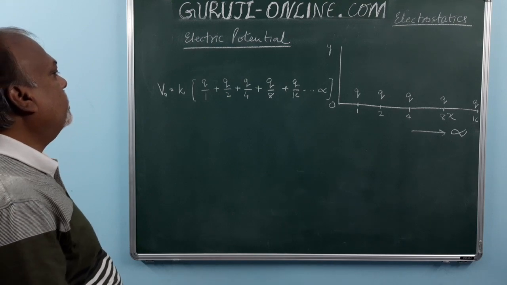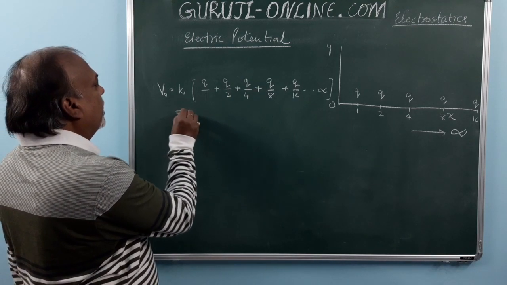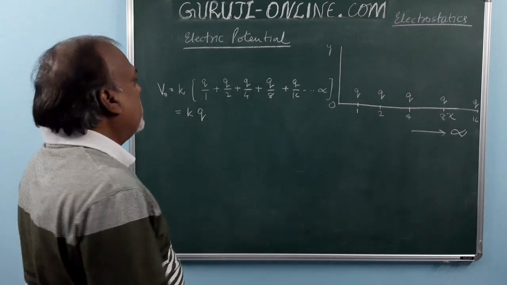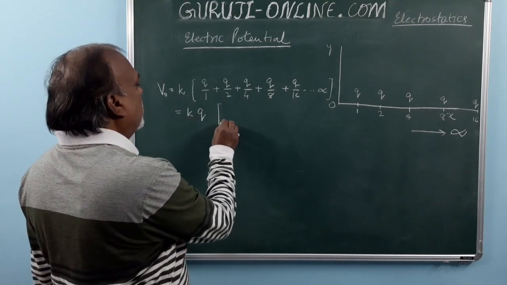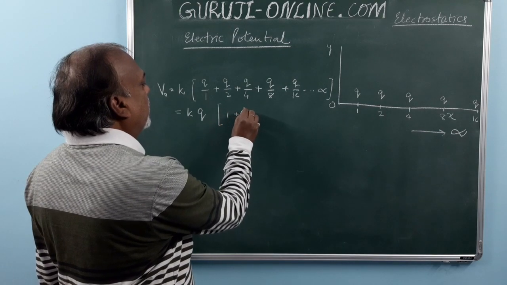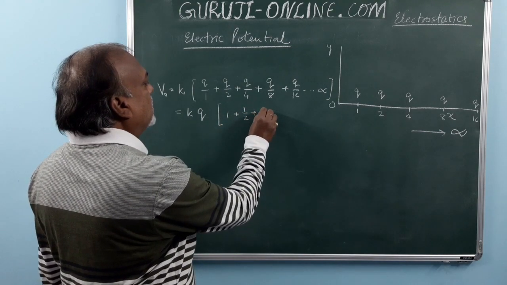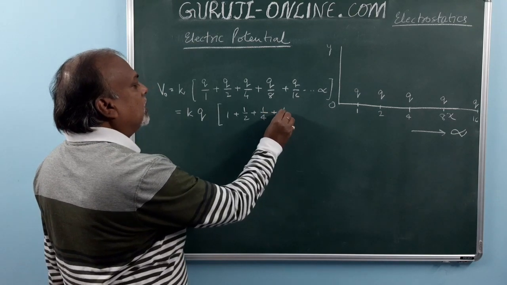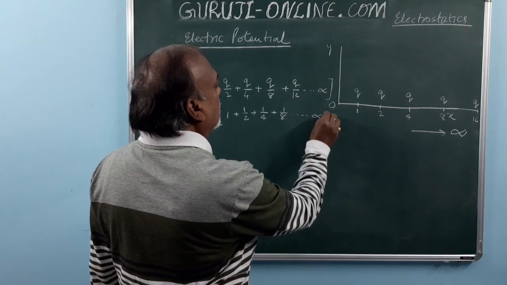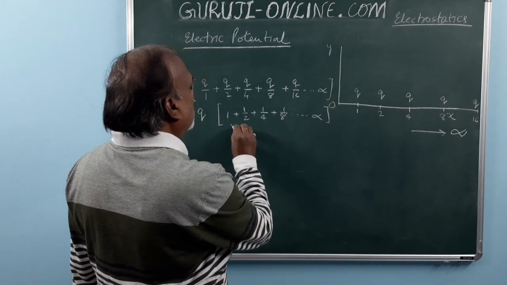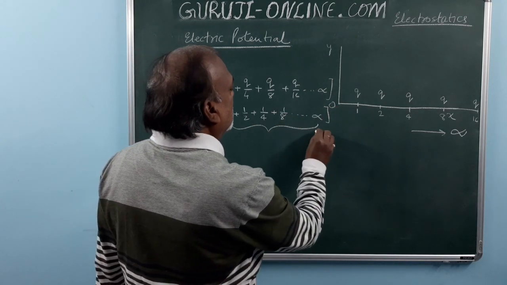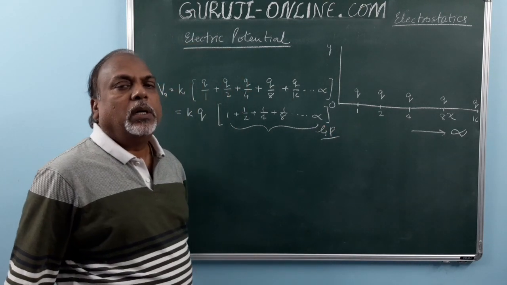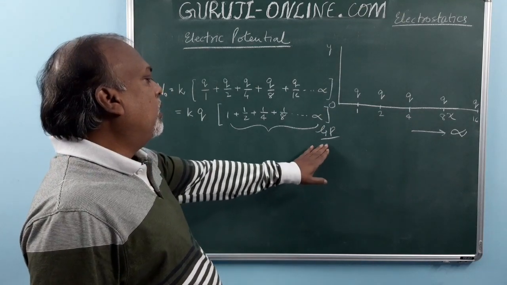Here what will become 1 plus 1 by 2 plus and so on. What is this? This is nothing but a GP, that is geometrical progression.